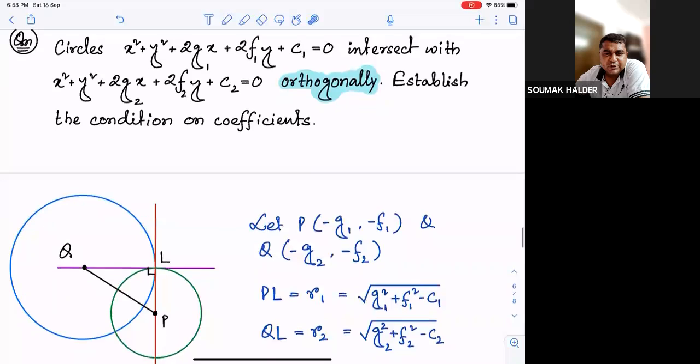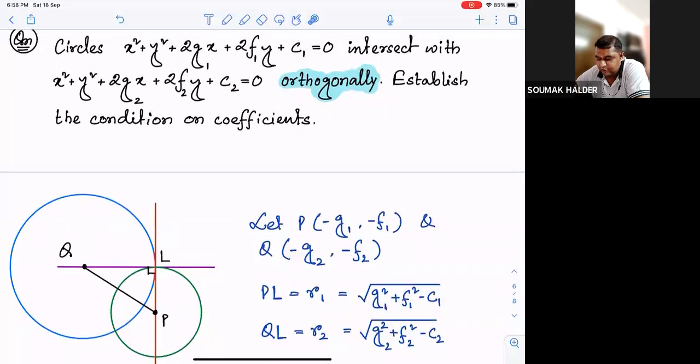If the two circles are orthogonal, then at the intersection point L, the tangent for the green circle will pass through the center of the blue circle, and the tangent for the blue circle will pass through the center of the green circle, and hence the two centers P and Q along with the intersection point L will form a right triangle.